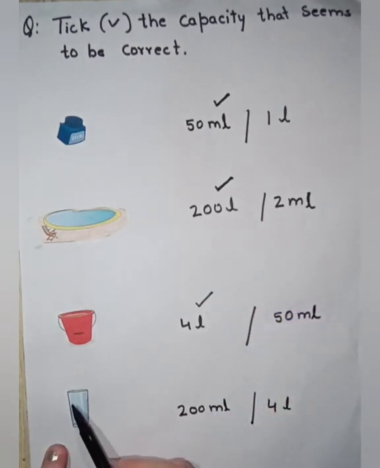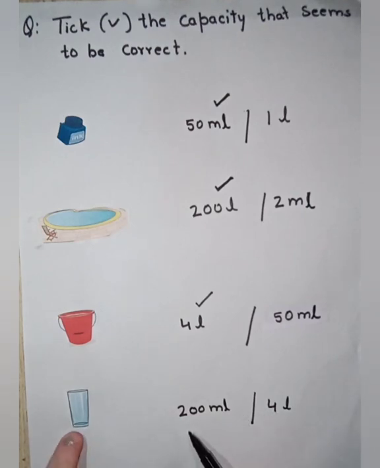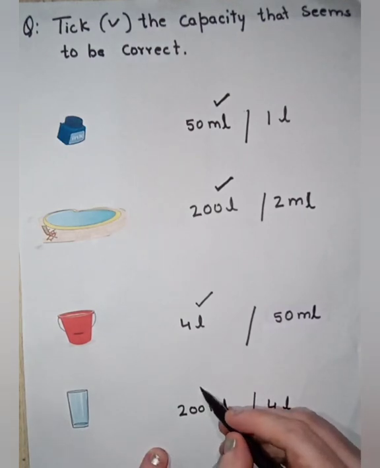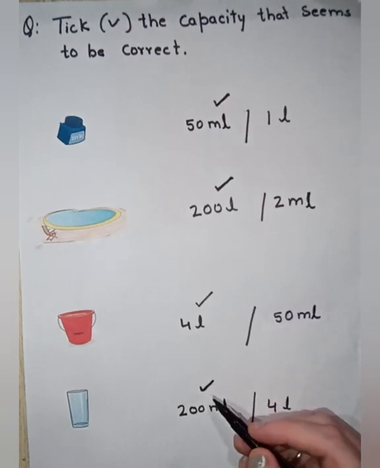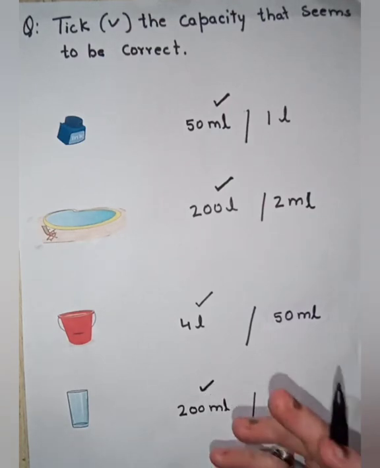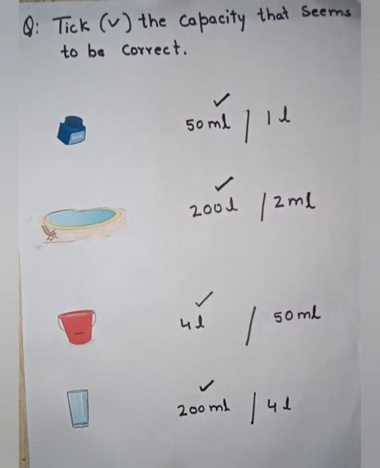Last is a glass of water. So, it will be measured in liter or milliliter. It will be measured in milliliter because it contains small quantity of water. Students, this finishes your revision of lesson number 8. Hope you all have understood the concepts clearly.